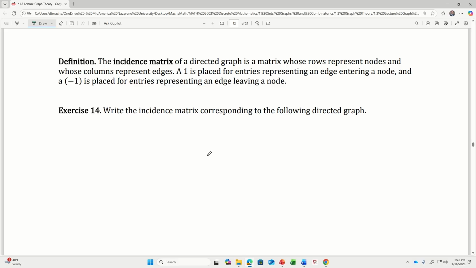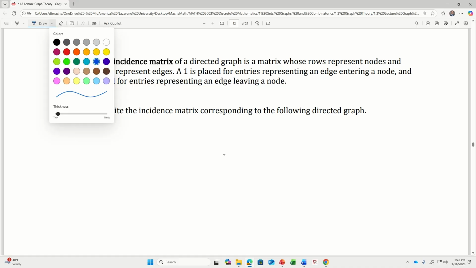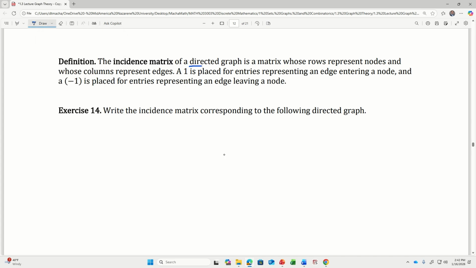All right. An incidence matrix of a directed graph. I don't think you would use an incidence matrix if your graph wasn't directed. So I think it's pretty much only for directed graphs. It's not the same as an adjacency matrix.